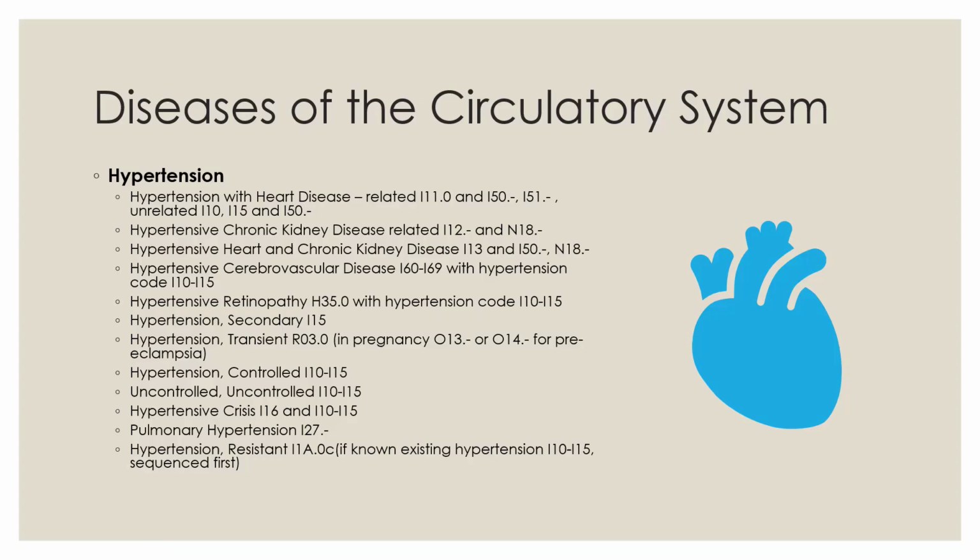The appropriate code from category N18 for chronic kidney disease should be used as a secondary code with a code from category I13 to identify the stage of chronic kidney disease. Again, if you need additional information on this, you can see section 1C14 for chronic kidney disease.